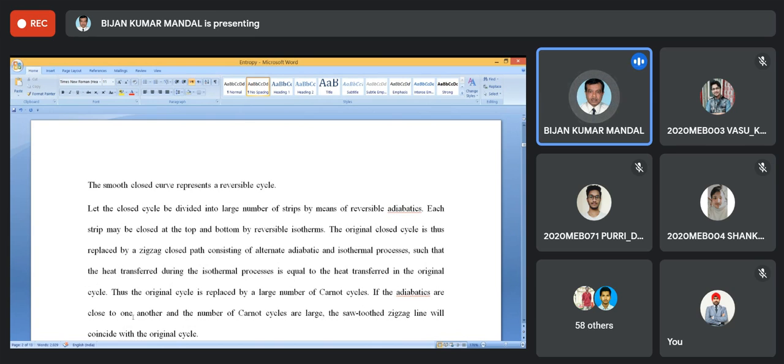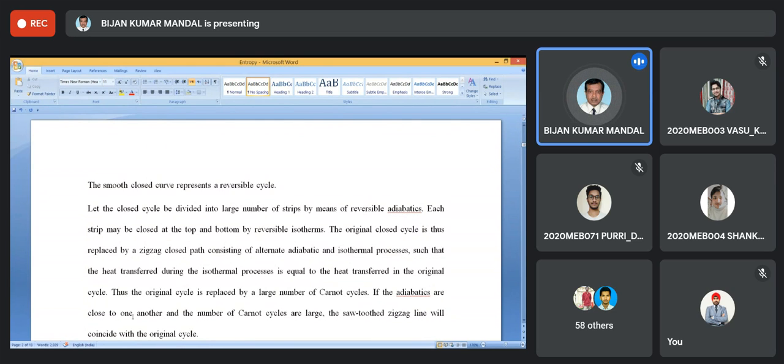So the summation of all the heat transfers during the different elementary cycles will be equal to the heat transfer during the original cycle. What we have drawn are elementary cycles consisting of two reversible adiabatics and two reversible isotherms. So that is basically a Carnot cycle.